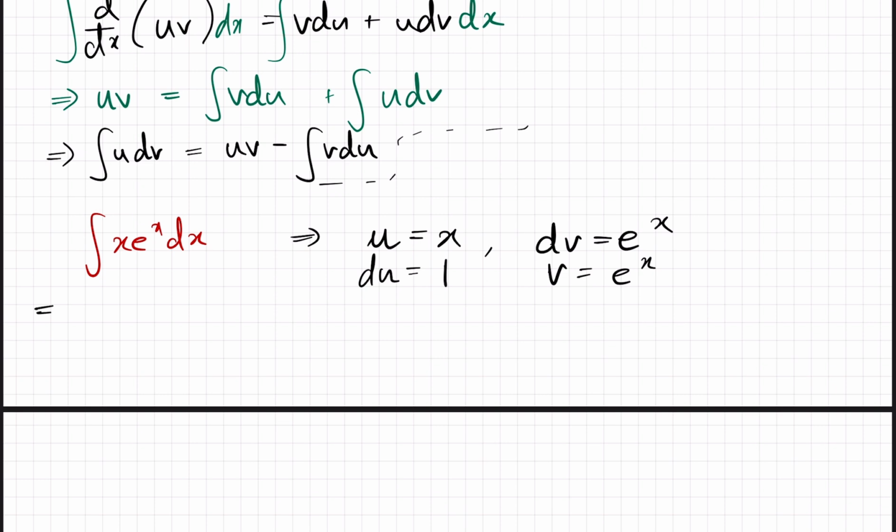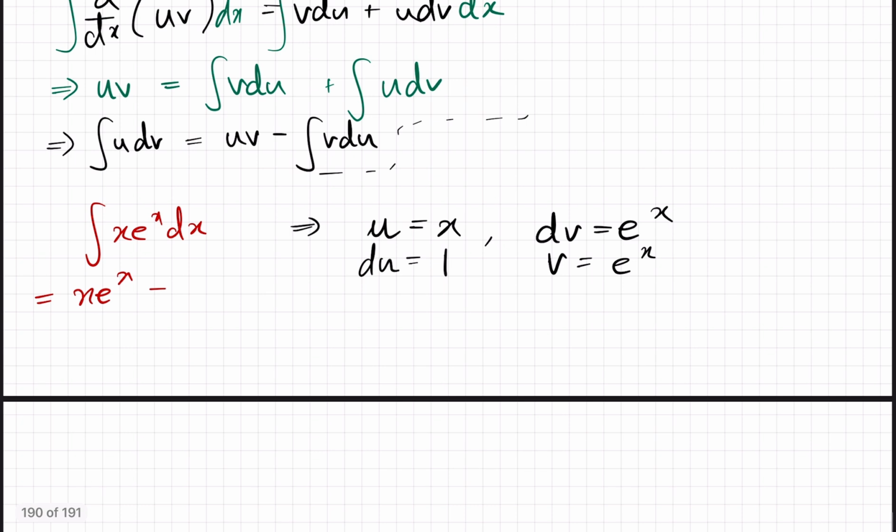So plugging these back into the formula, the right hand side is uv, which is x e to the x, minus the integral of v du, which is just the integral of e to the x dx.